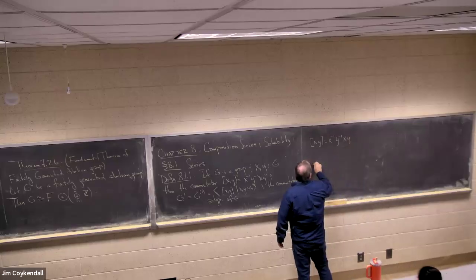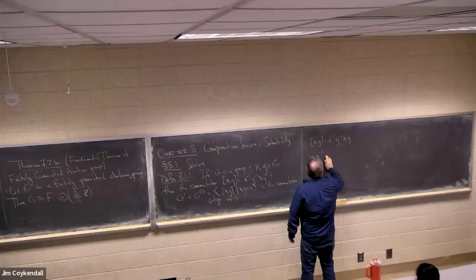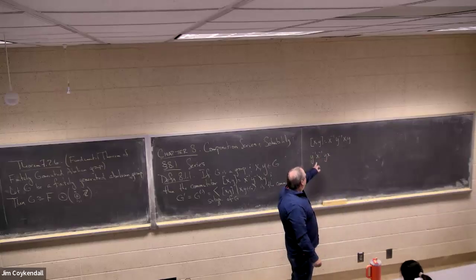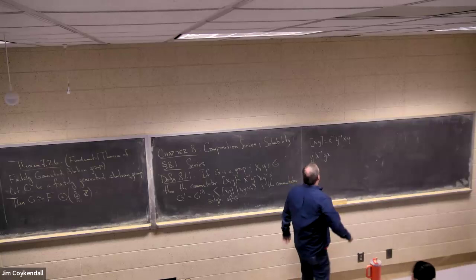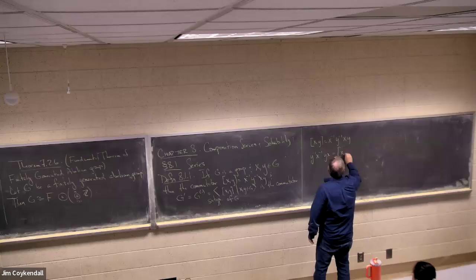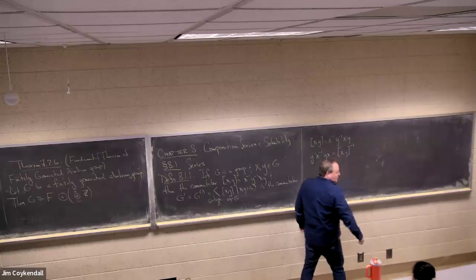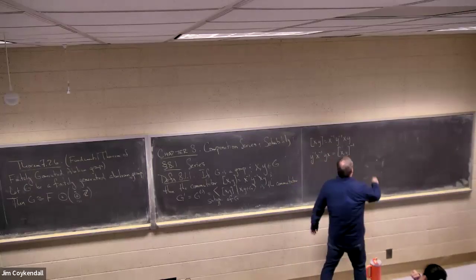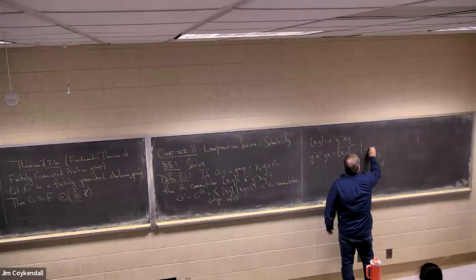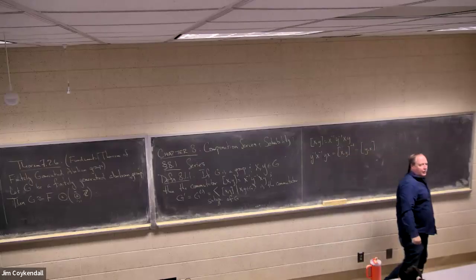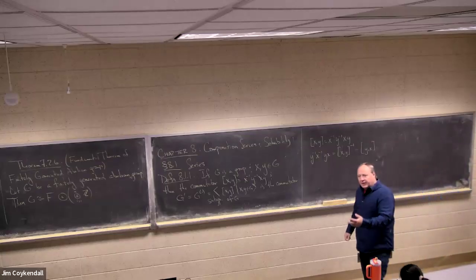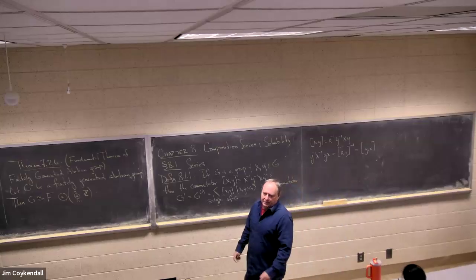Notice that the inverse of a commutator [x,y] is the commutator [y,x]. Would I agree? So the set of commutators is closed under inverses. That is to say, the inverse of a commutator is a commutator.